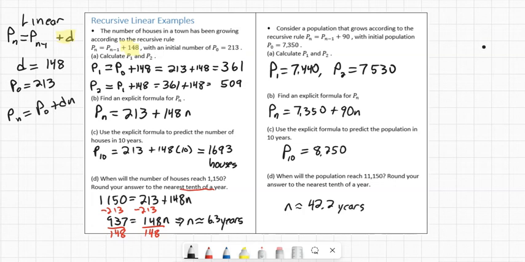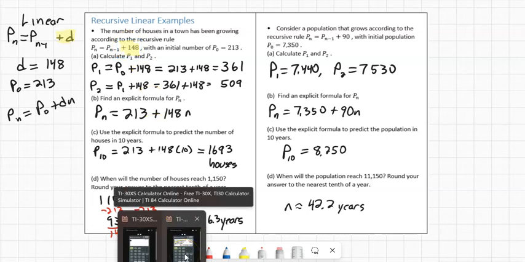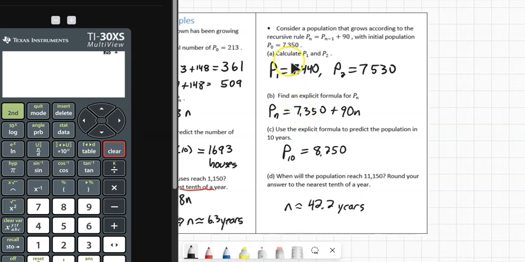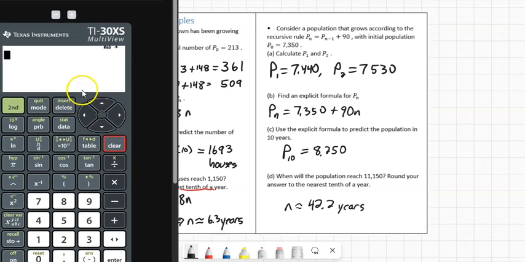The last thing I wanted to do is show you that you can get these recursive examples done with a calculator in a different approach. As an example, on this problem on the right, you start off by entering P sub 0. That would be 7,350. Enter.